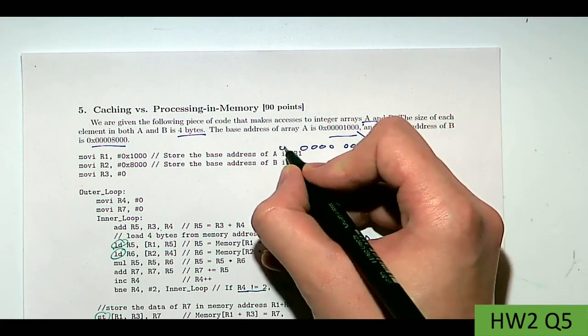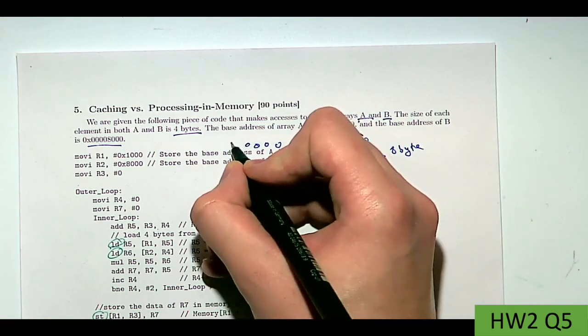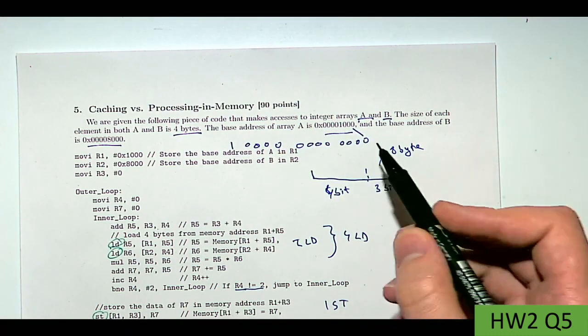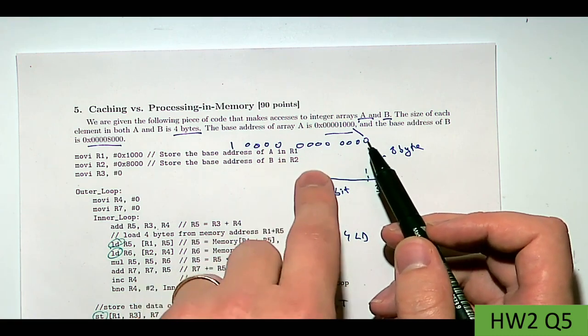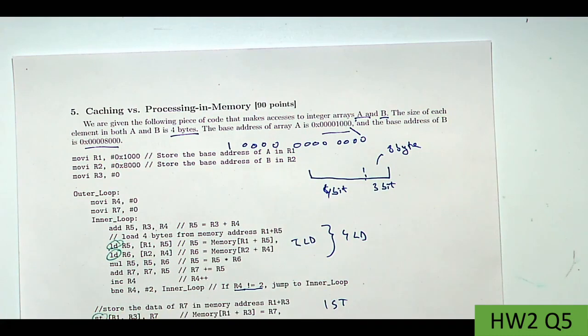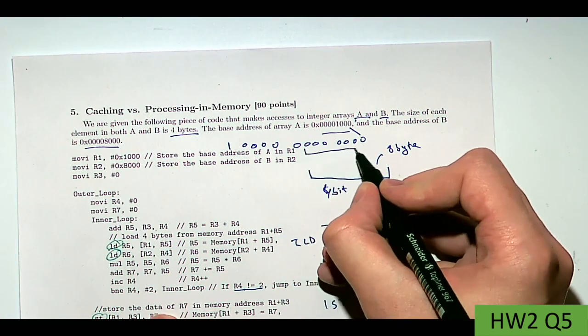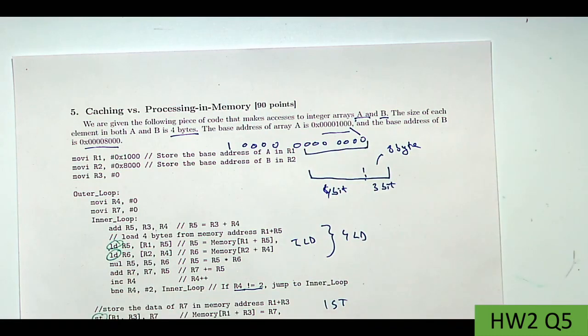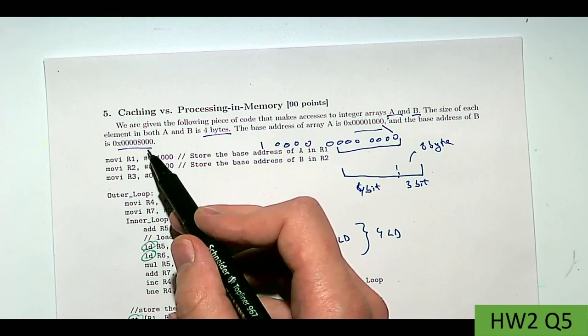We'll have 12 zeros, and then here we'll have 1. Right, so we can easily see that the first element of A will go to the first entry of the cache because all least significant 7 bits are 0. And it's the same for base address B.